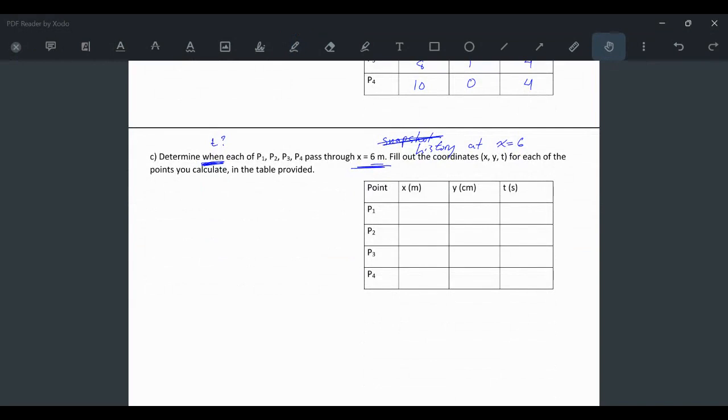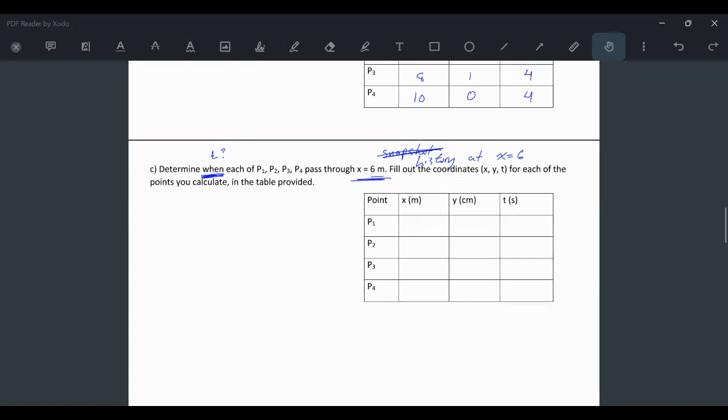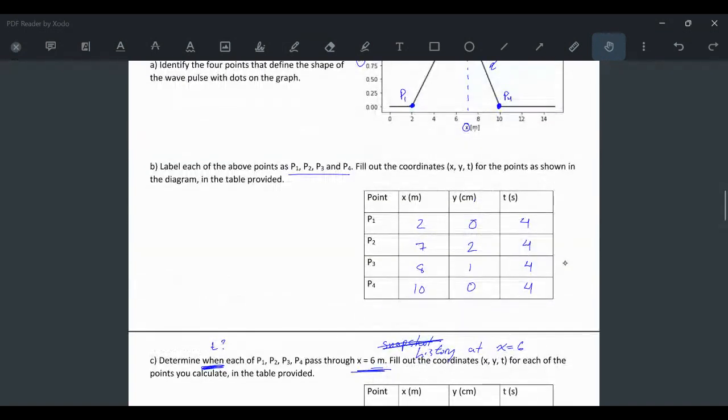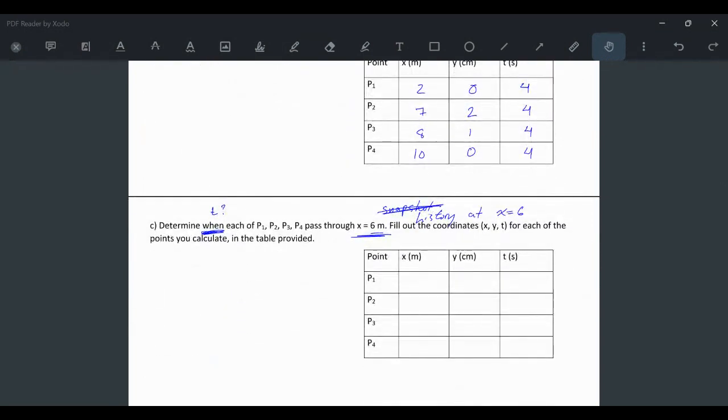So how exactly do we calculate when these points are passing through x equals 6? We know exactly where they are at t equals 4. So we have the position, we have the time, we have it really well sorted out at one instance, and we know what's going on at another instance.